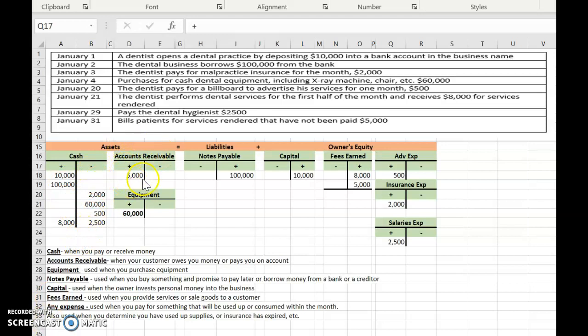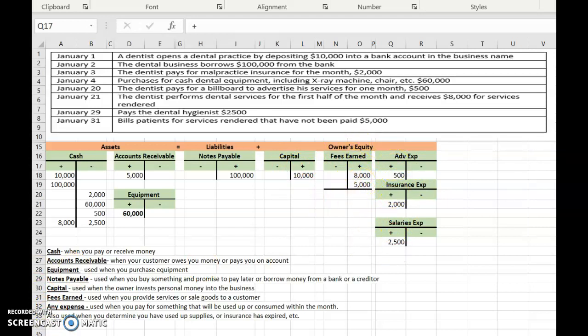Accounts receivable goes up when customers owe you, it goes down when they pay it off. Equipment goes up when you buy it, and when you sell it, it comes back down. Notes payable goes up when you borrow money, and then it goes back down when you pay the loan off. So we expect balance sheet accounts to go up and down. We only expect these accounts to go up because we're just keeping up with what amount went toward that type of account.